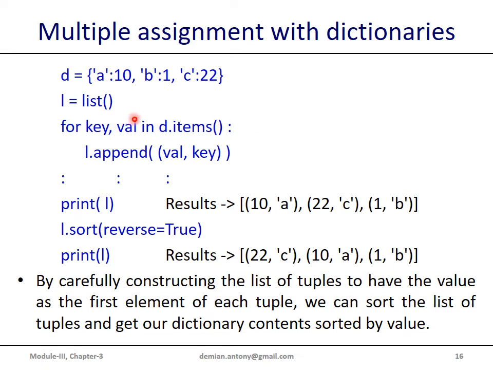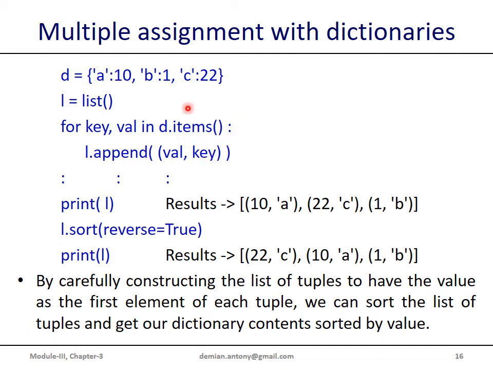I need to read key value pair of each of the items in the dictionary. Insert that key value pair in a tuple. You can see the parenthesis here. Insert the tuple as value comma key. The first element is the value, second element is a key.